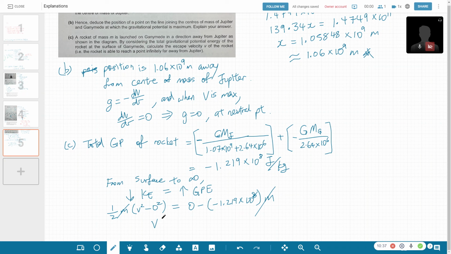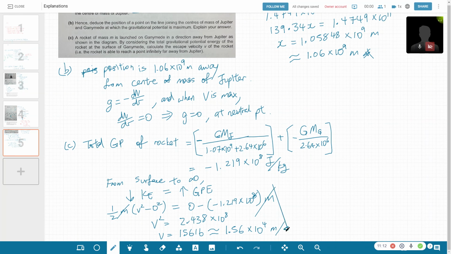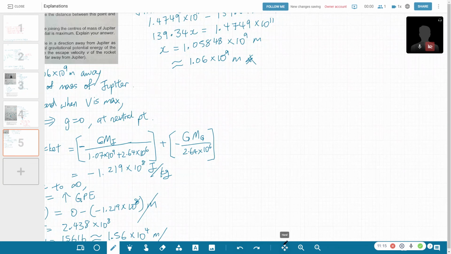So V square equals, multiplying by 2, 2.438 times 10 to the power of 8, and when we square root it we get V equals 15616, which is approximately 1.56 times 10 to the power of 4 meters per second.